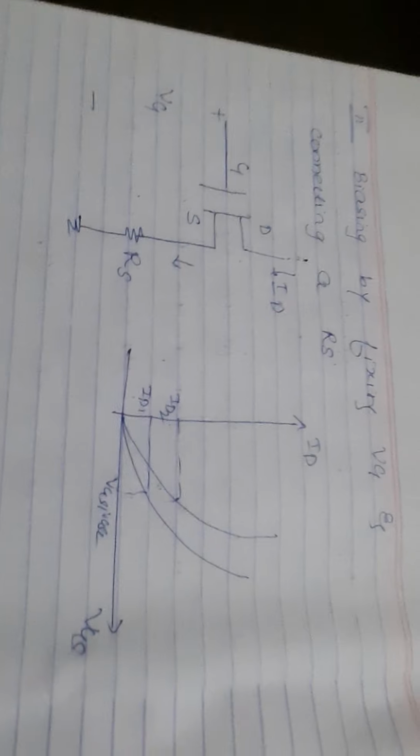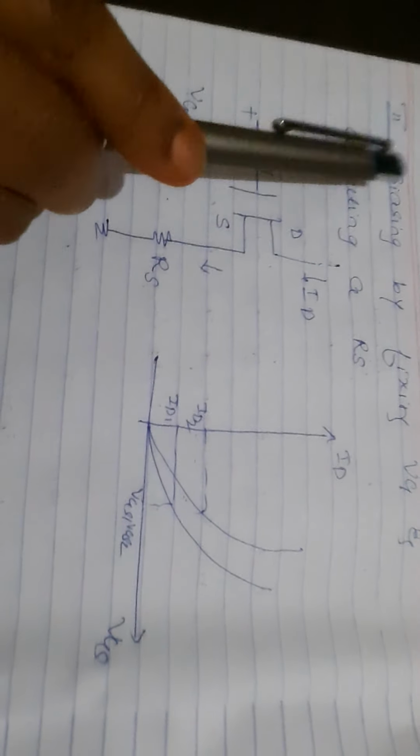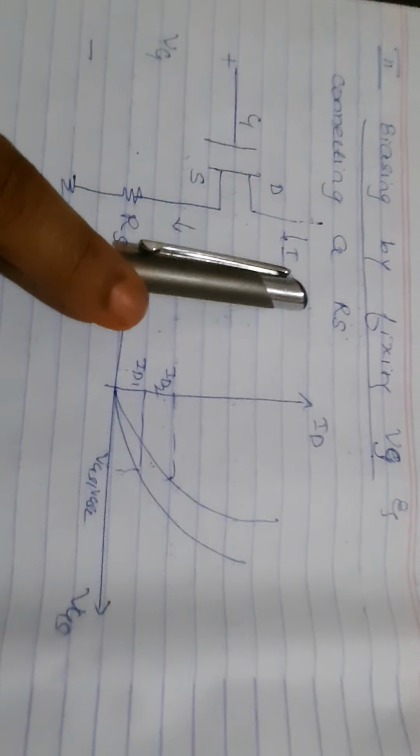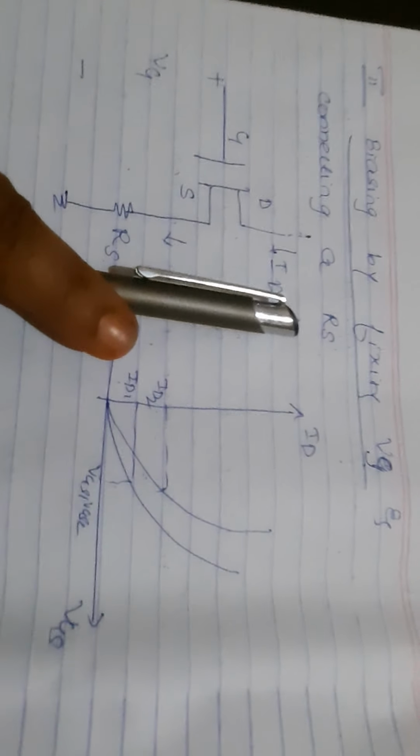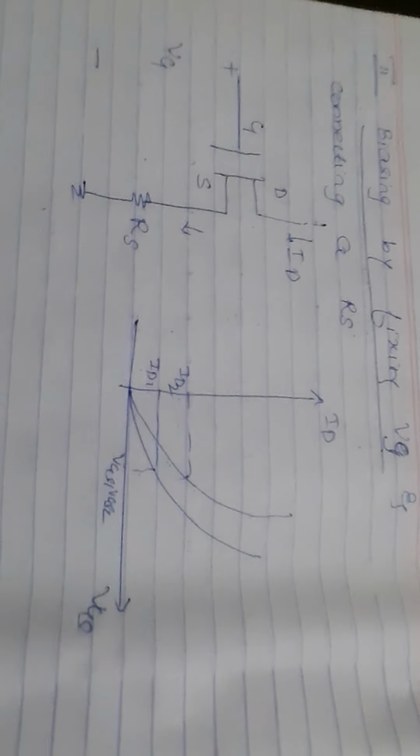Now, this is an excellent biasing technique for the MOSFET circuit: biasing by fixing VG and connecting RS.